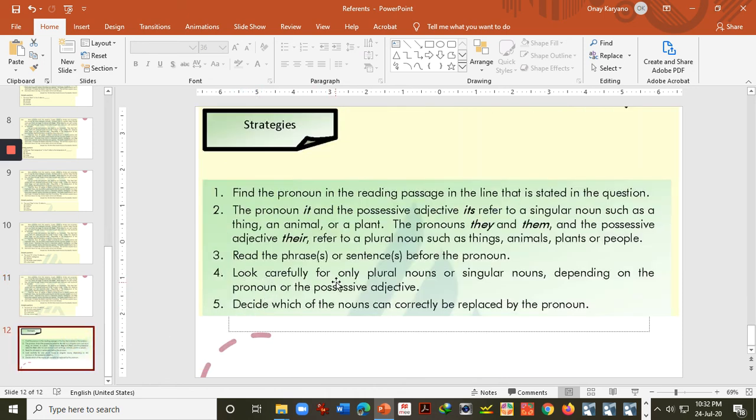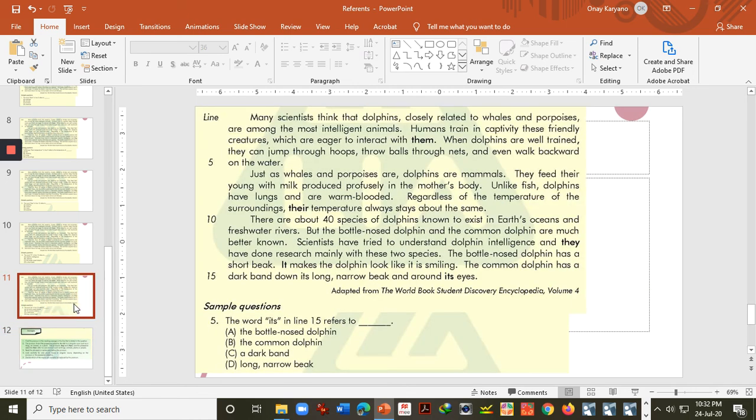And then look carefully for the only plural nouns or singular nouns, depending on the pronoun or the possessive adjective. Okay, ya. Jadi kita harus cari di kalimat itu ada berapa nouns, apakah itu singular or plural. Dari situ bisa kita simpulkan. Kalau kita adanya it, berarti yang kita cari adalah singular. Yang plural kita ignore.